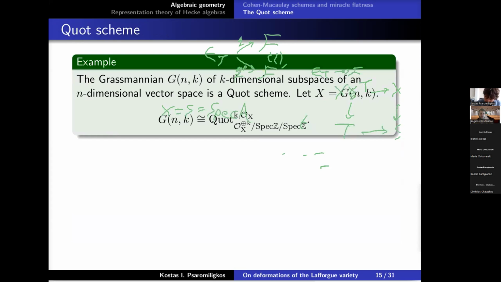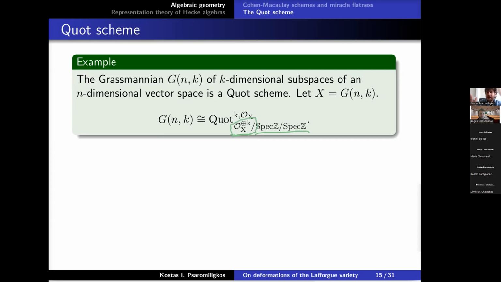Let me just mention there are more familiar schemes that are particular instances of Quot schemes, such as the Grassmannian. The Grassmannian, which parameterizes k-dimensional subspaces of a space, is basically a Quot scheme if you consider the spaces to be somehow trivial and you consider the structure sheaf.